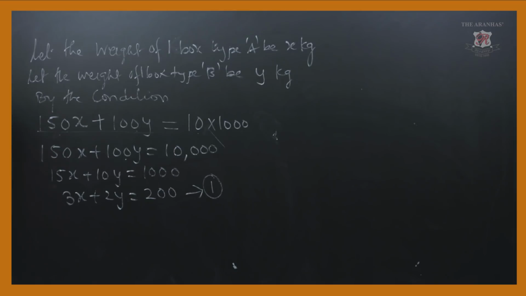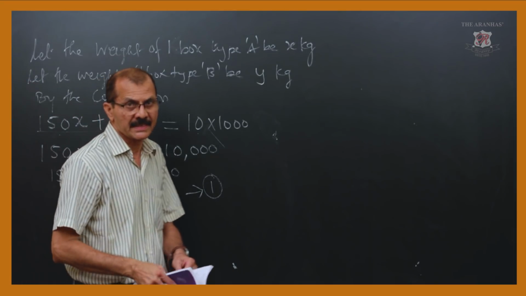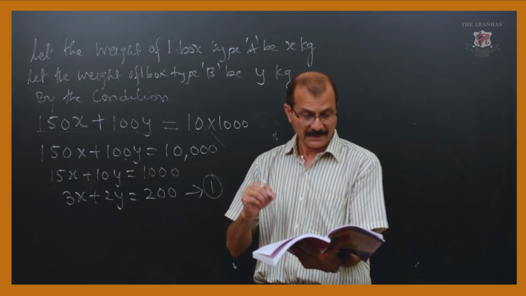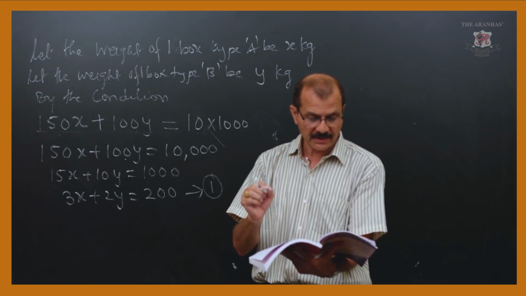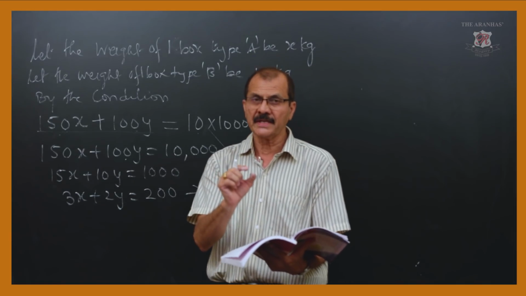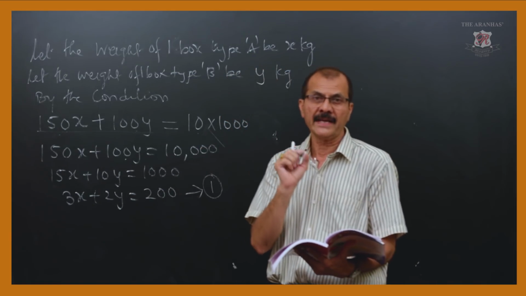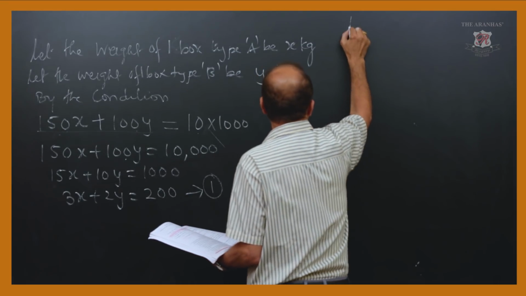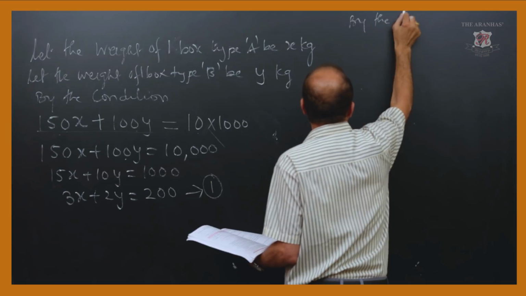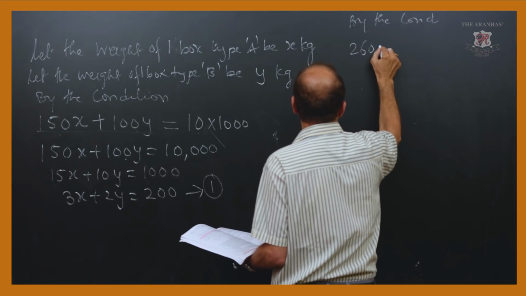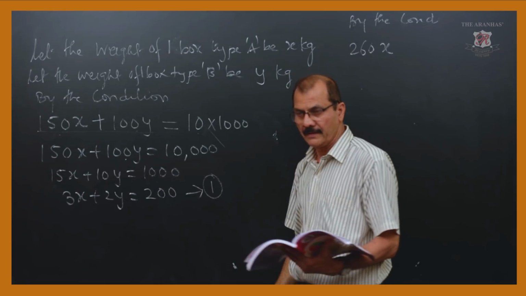Now, read the second statement. It is said that, but when 260 boxes of type A, 260 boxes of type A means the total weight will be 260x.